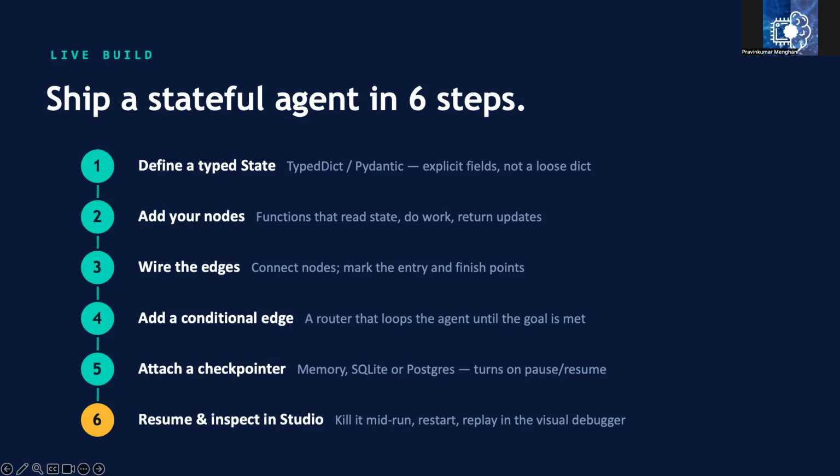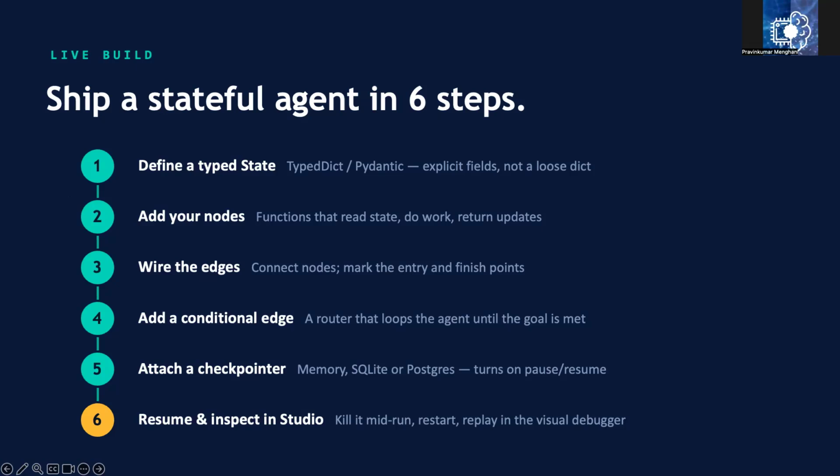We add a router that checks, are we done? If not, loop back. Step 5 is where you attach a checkpointer. One line of code, and suddenly your agent can pause, resume, and survive crashes. Step 6, resume and inspect in Studio. Kill it mid-run, restart, pick it up exactly where it left off.